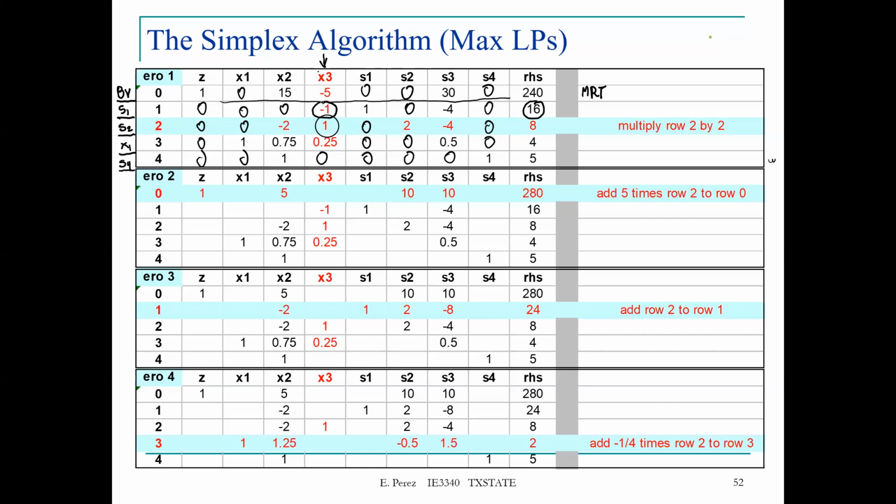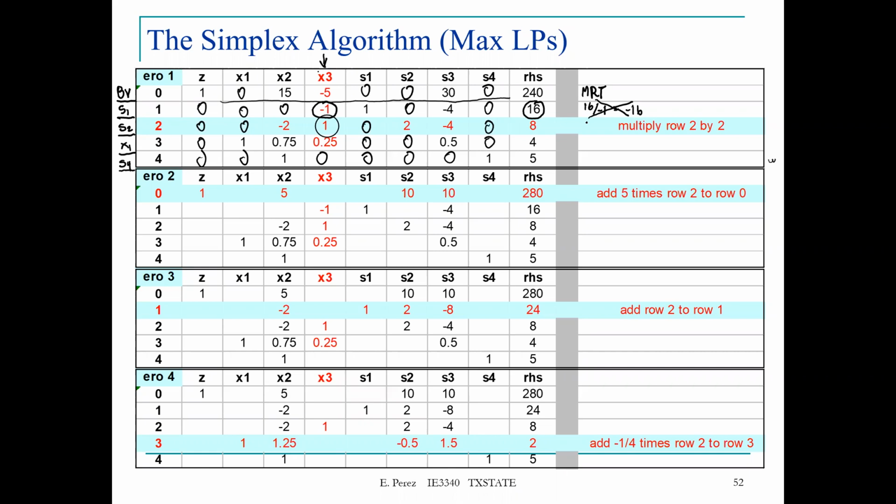The first division is 16 divided by -1, which is a negative value, and we don't consider that for the minimum ratio test.